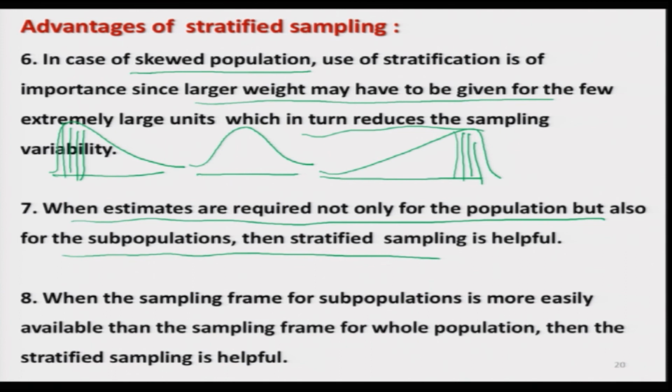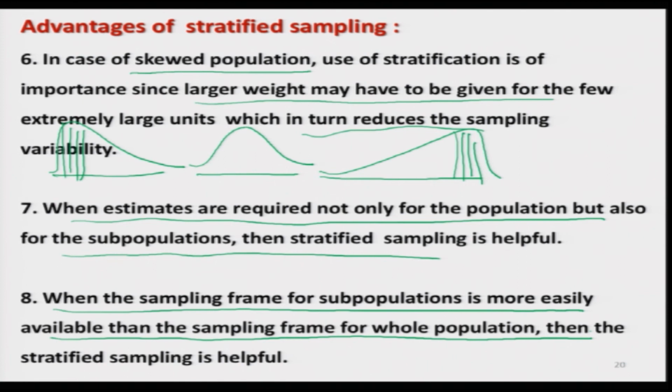And particularly when the sampling frame for the subpopulation is more easily available than the sampling frame for the whole population, then the use of stratified sampling is more helpful. This is obvious, because getting a sampling frame for the entire country like India, and getting the sampling frame for a state or a city or a district or a village, is much easier.